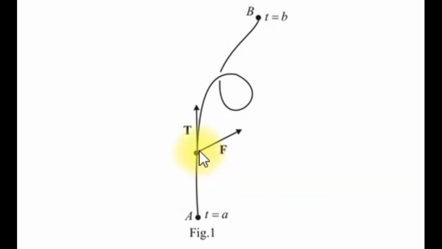At this point you can see that there is a unit tangent vector. What we do is we take the dot product of the vector F at this point and the unit tangent vector T at this point to the curve.